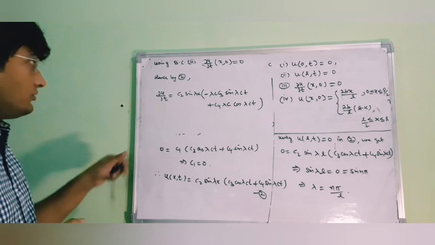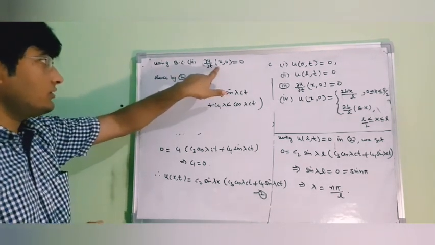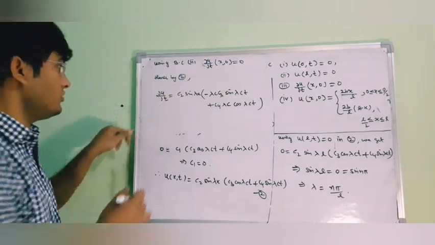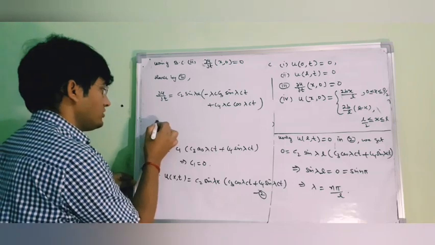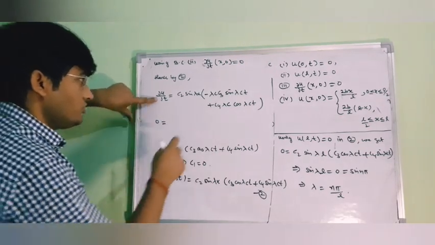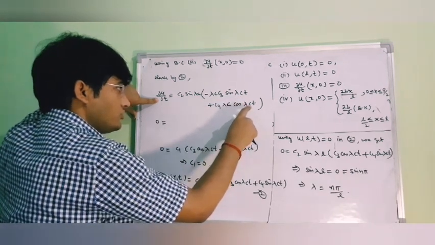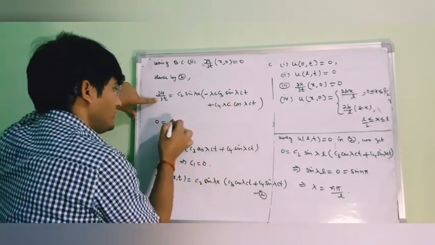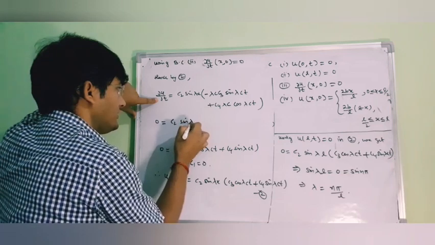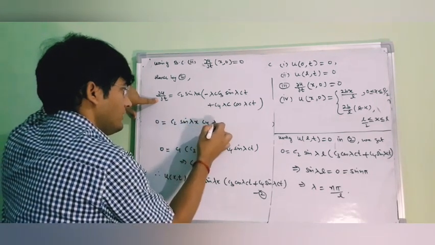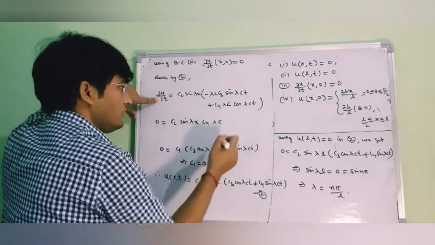Okay, now use this condition. That means when your time is 0, your initial velocity is 0. So this will be your 0 when time is 0. So this will be sine 0, and that will be cos 0. Cos 0 is 1, sine 0 is 0. So we have C2 sin lambda x into C4 lambda c into 1.